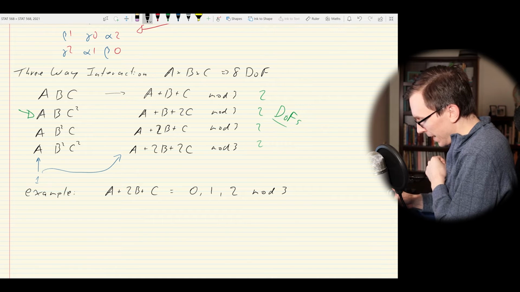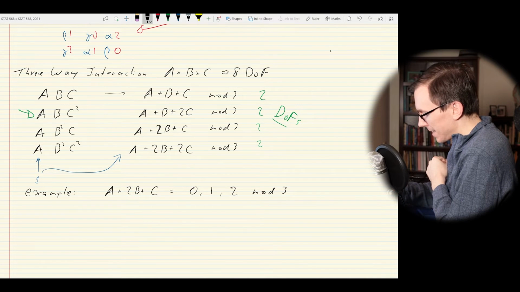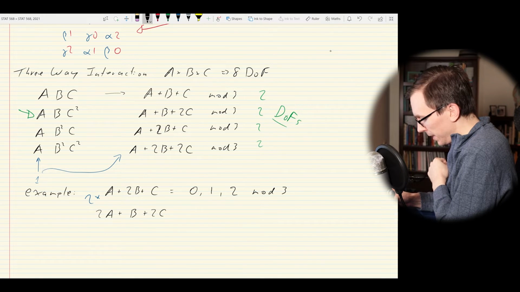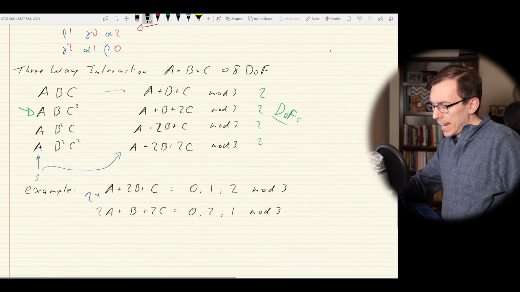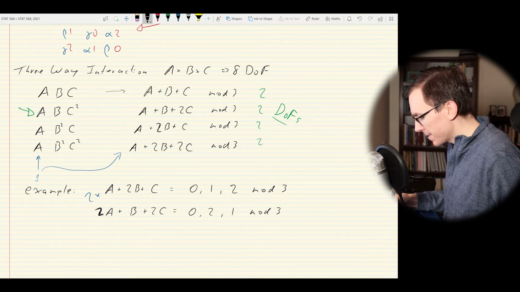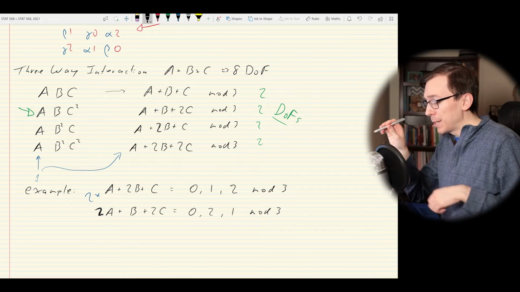Well, if I multiply this entire thing by 2, then what do I get? I end up with 2A plus B plus 2C equal to 0, 2, 1, mod 3. So this is exactly what we did in the table above.